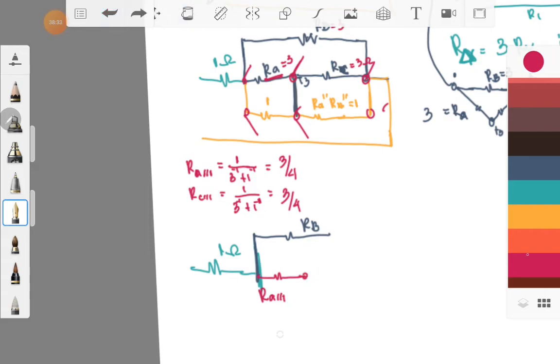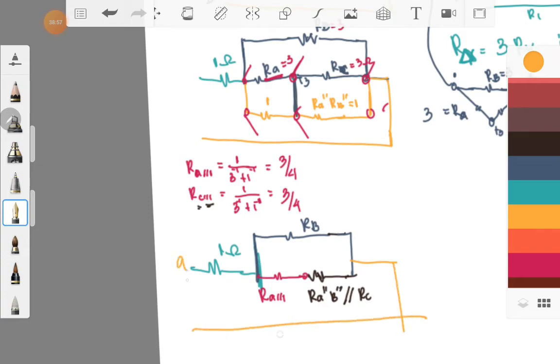Okay, and I will indicate this back. This resistor will be the parallel combination of your RC in parallel with 1 ohm. Okay, so this will be our terminal A, going back to terminal B.